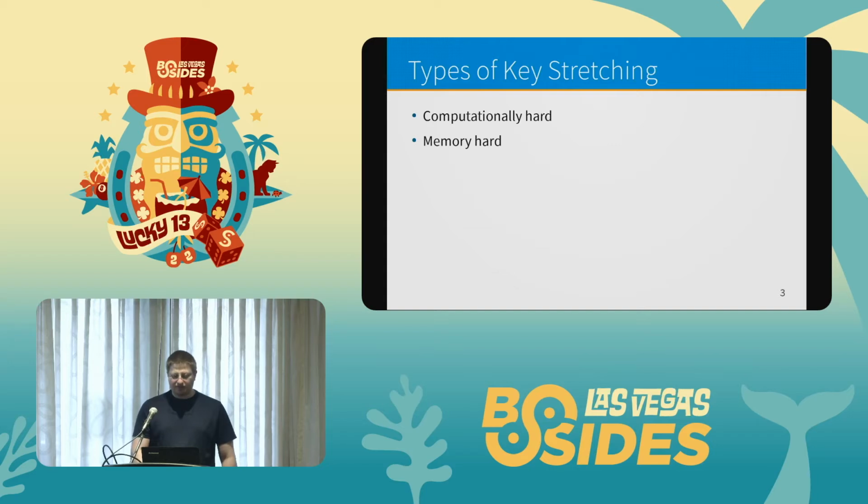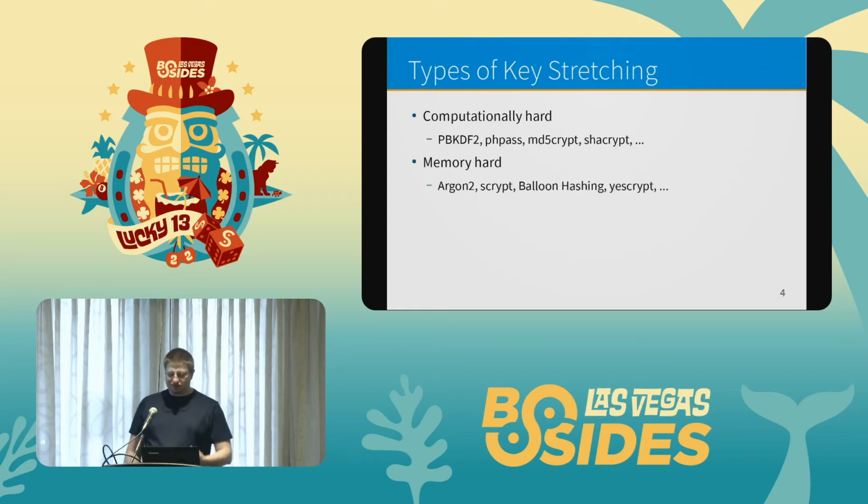So key stretching. The first thing that people came up with was computationally hard. What this is, you just hash your password, then you hash that, and over and over and over. And memory hard, you use the resource of memory and you hash stuff. Here are some algorithms: PBKDF2, you may have heard of, maybe not.